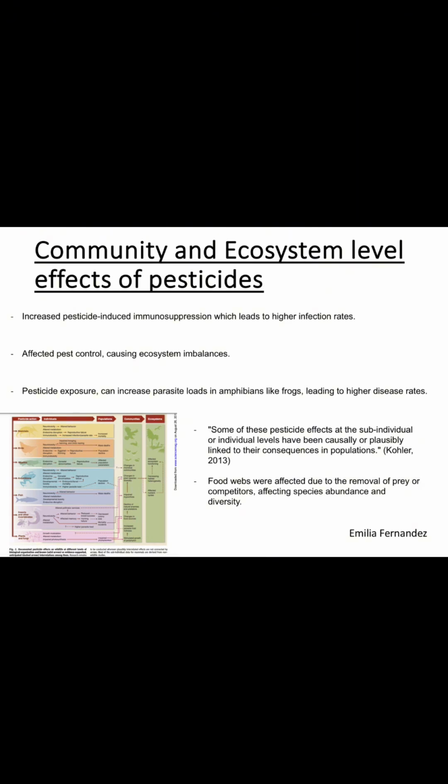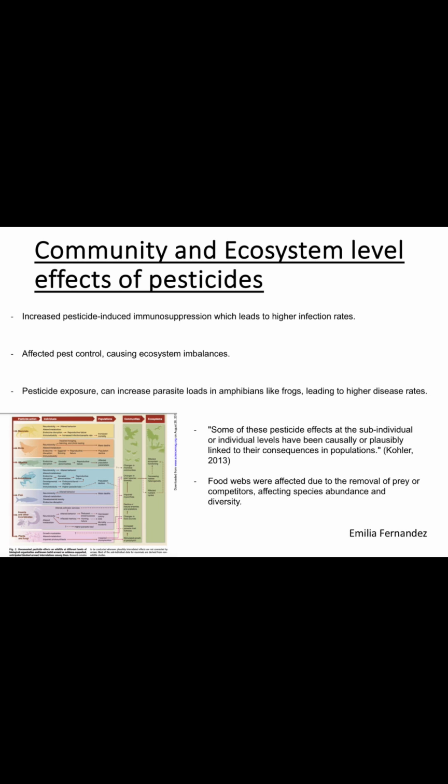One quote I found very fascinating from the passage that we read was, some of these pesticide effects at the sub-individual or individual levels have been casually or publicly linked to their consequences in the populations, meaning that this could affect the populations. Another effect of pesticides was increased immunosuppression, which leads to higher infection rates.